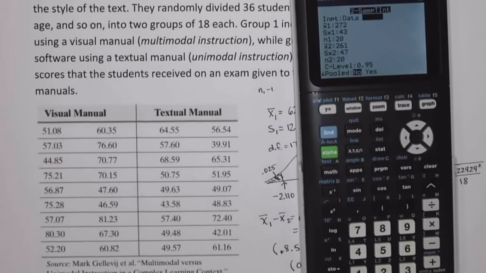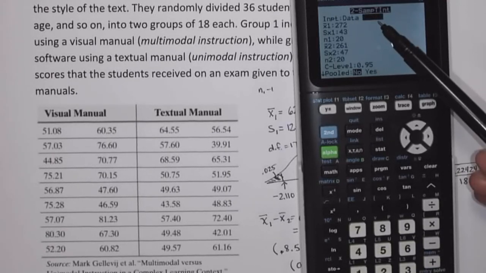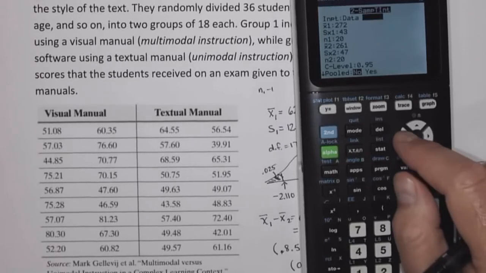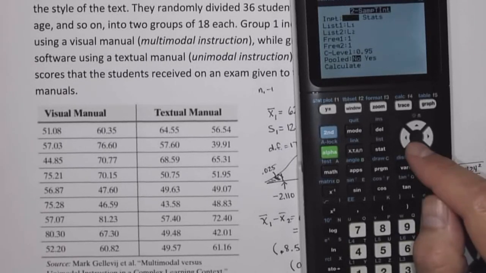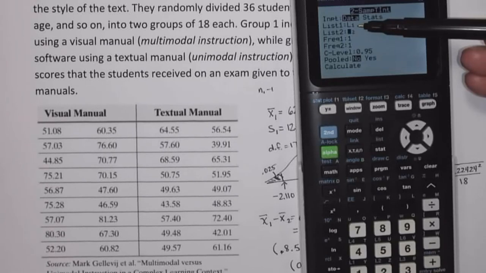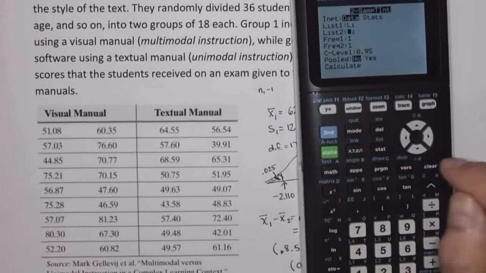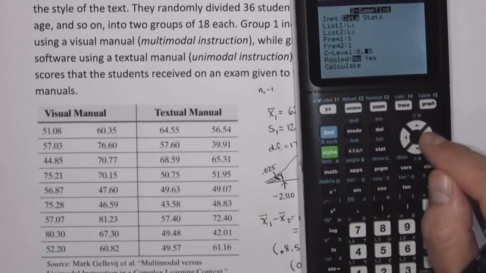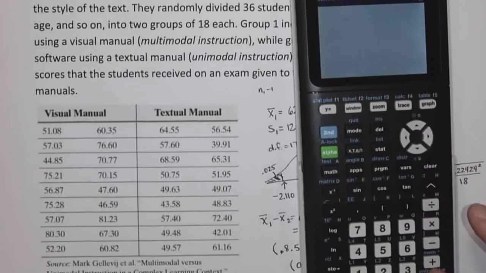If I go there, I can either input the information with data, or I could have the summary statistics. In this case, I have data, so I'm going to select that. List 1 is L1, list 2 is L2, so again, that's the visual manual students and the textual manual students. I'm doing a 95% confidence interval, and I do not want pooled, so I'm just going to say calculate.